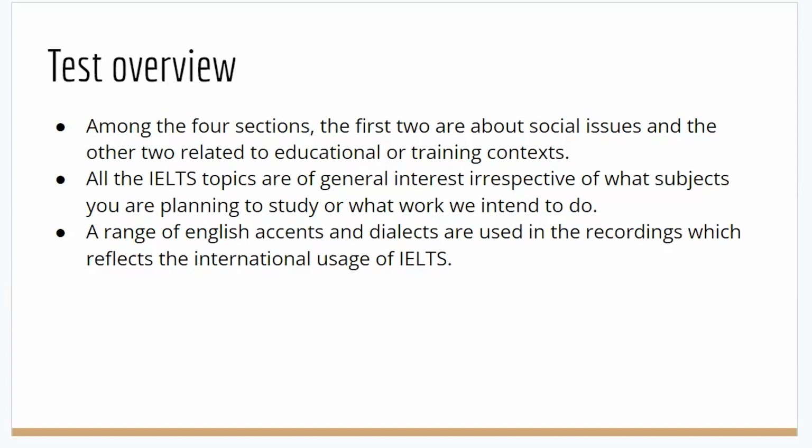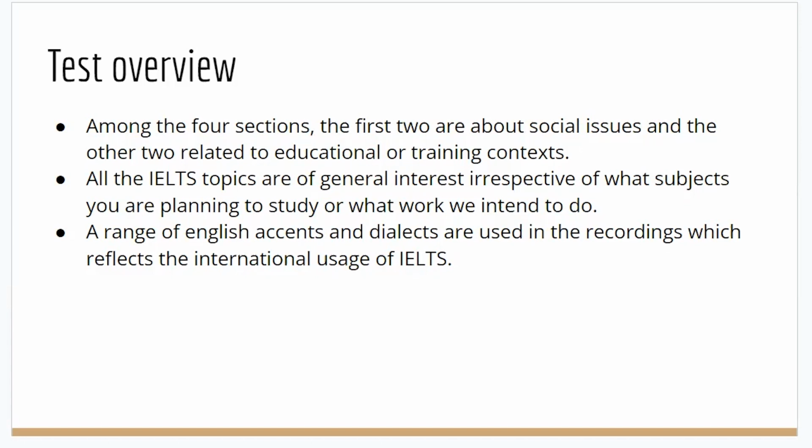And let us look into the test, how it works. Among the four sections, the first two are about social issues and the other two are related to an educational or training context. So I told you it's divided into four sections. The first two sections will be about some social issues, like booking a ticket, asking for a rental house or ordering something like that.